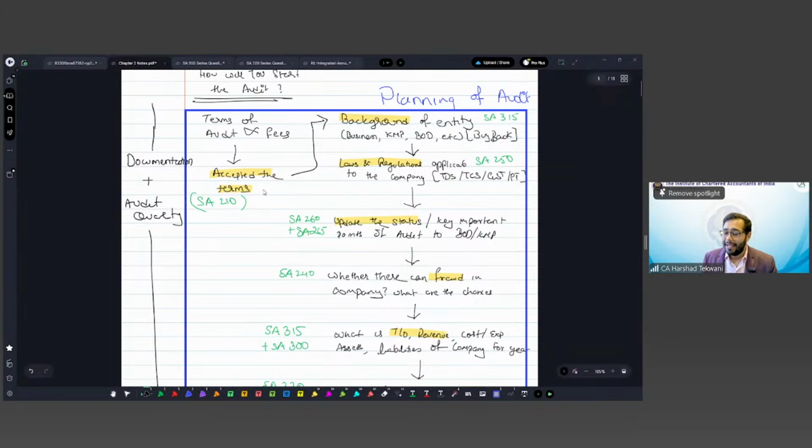So what will you do and think about fraud in an audit of a financial statement? I want a practical answer. We will discuss the matter with the management and those charged with governance. First, which matter? Regarding the fraud that has happened or is about to happen. See, if you ask management, tell me, is there any fraud that you are going to commit?